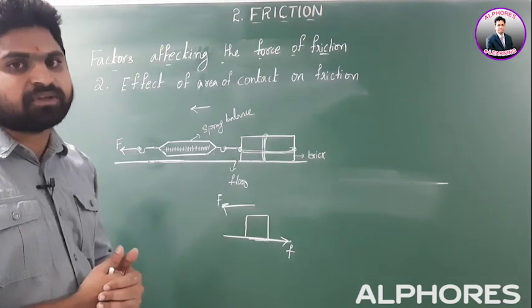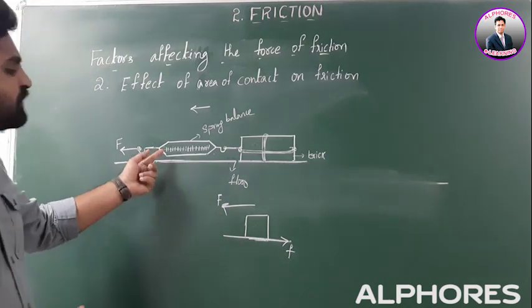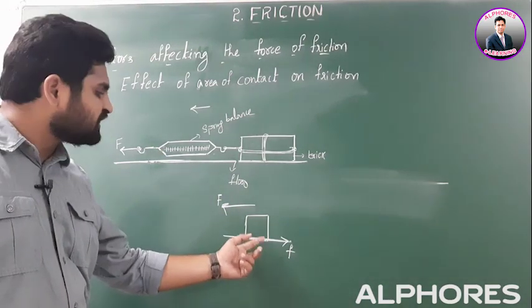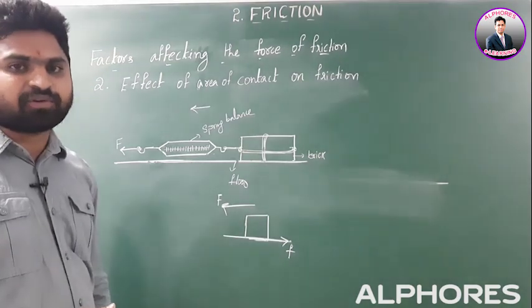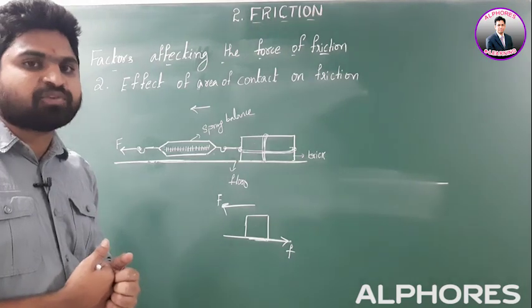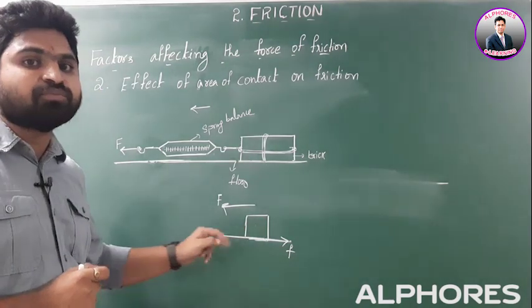Once again, children, let me explain. When you pull this spring balance, the brick may not move because of the frictional force between the brick and this floor. As you go on increasing the applied force, at one particular instant the brick is ready to move.